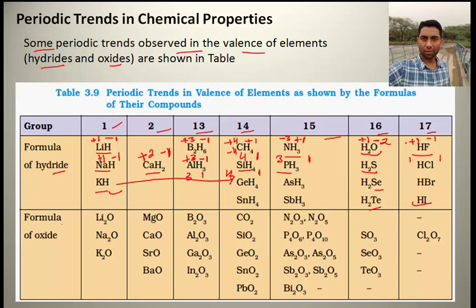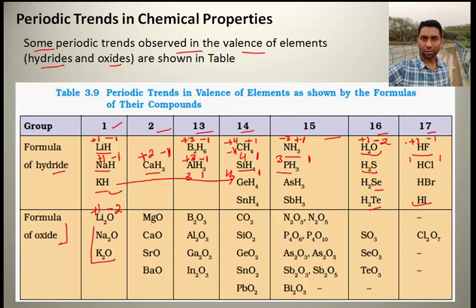Now if we focus on oxides, in most cases oxygen has 6 electrons in the valence shell, so it will gain 2 electrons, thereby -2 will be the oxidation number. Just like in hydrides, alkali metals show +1 oxidation state, so in oxides they will show +1 oxidation state in all cases.